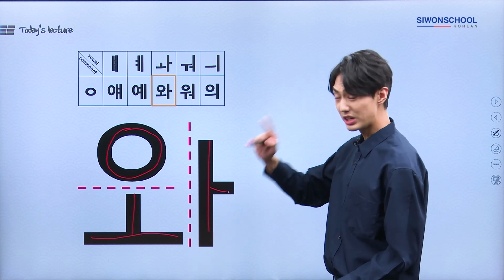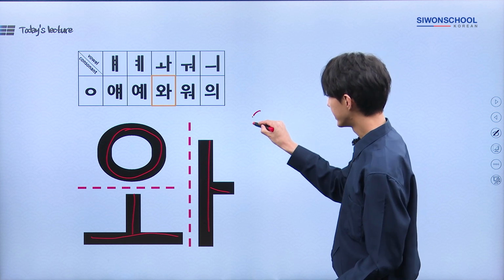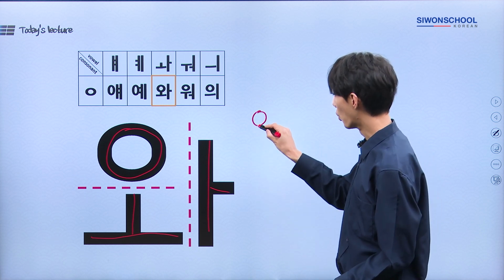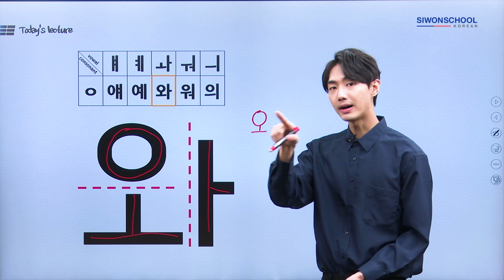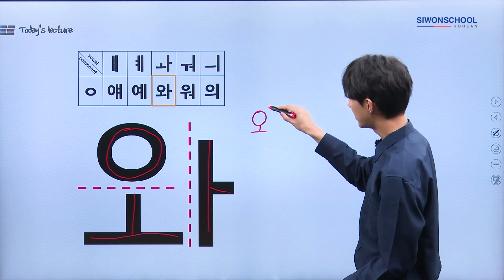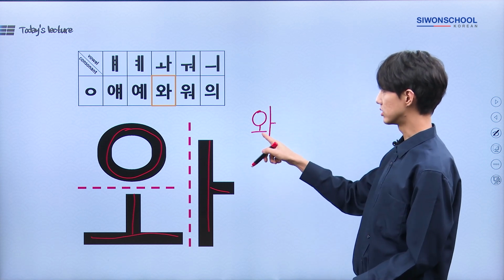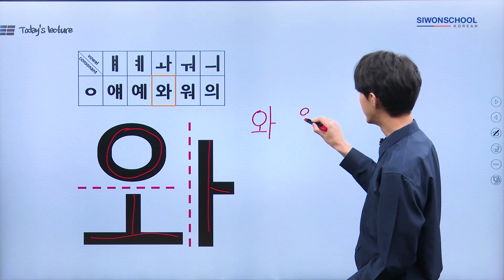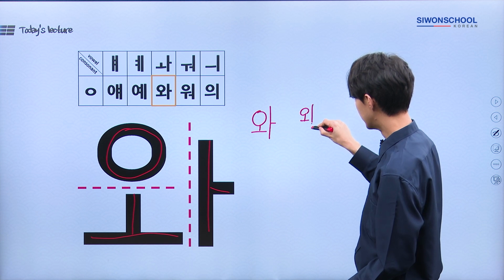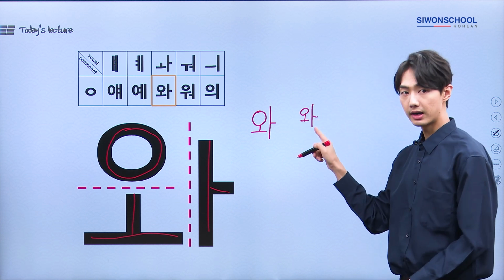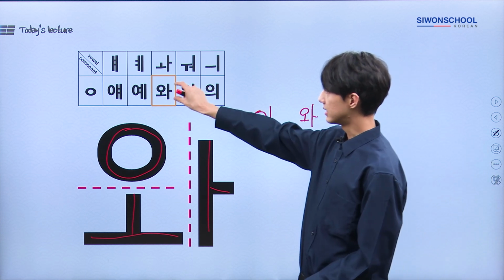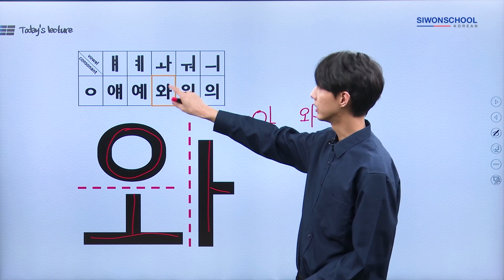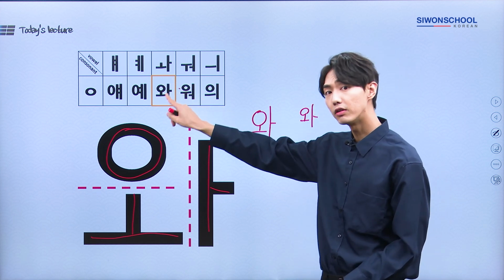So when you really write this letter, 이응, and then 오, and then 아 part has to be a little bit bigger than this. Okay, mine kind of looks weird because my 이응 is too big. I'll write it one more time. Okay, so 이응, and then 오, and then 아. So this 아 part has to be a little bit bigger than this 오 part. Okay, it has to cover the whole thing like this. This is the perfect one.